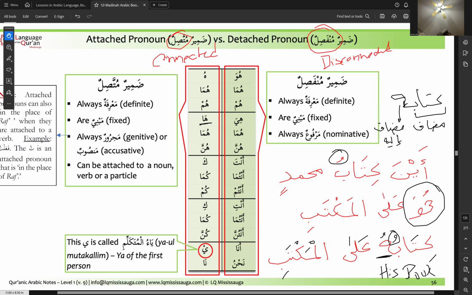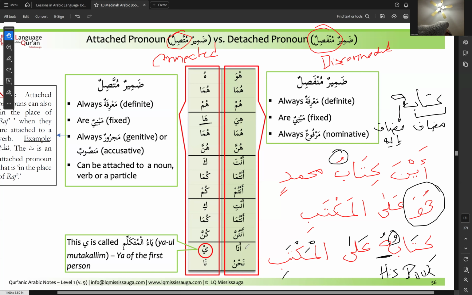Anti, the other side is ki. So kitabuki, your book, speaking to one singular female. Antuma turns into kuma, same thing as before. And antunna turns into kunna.